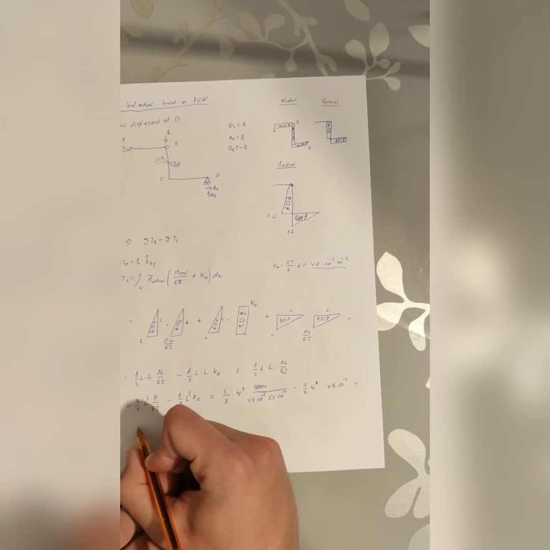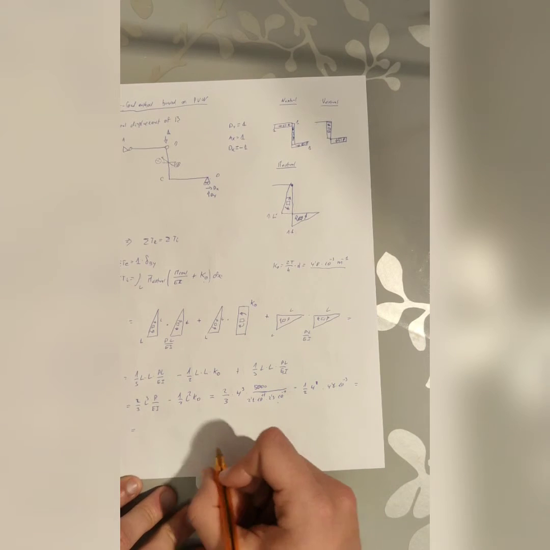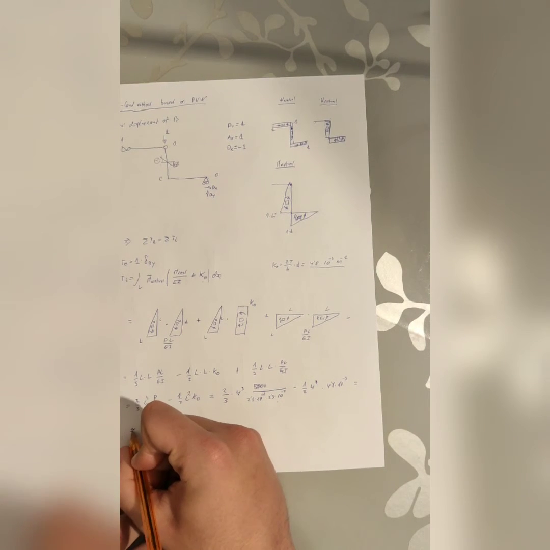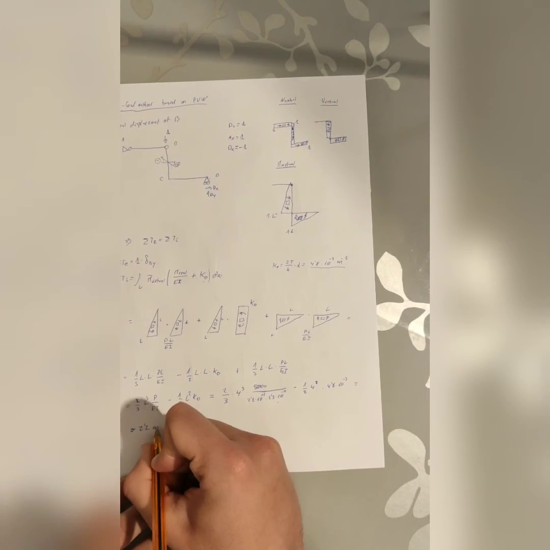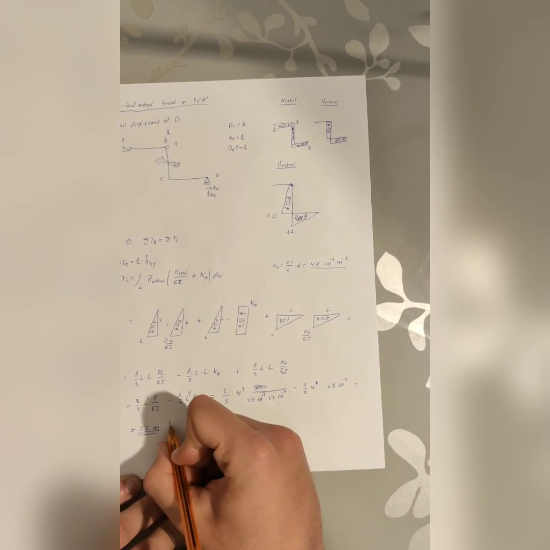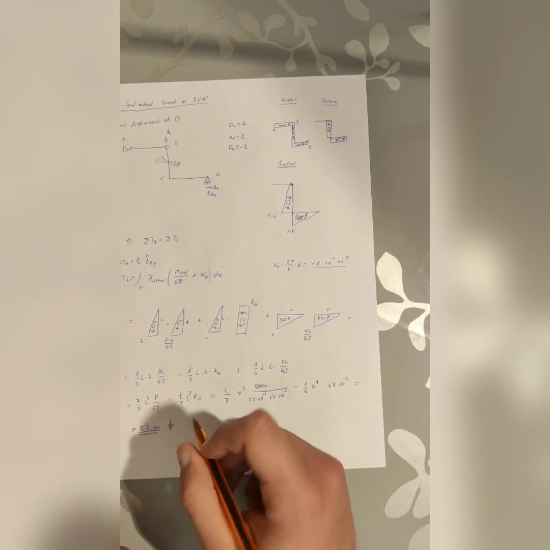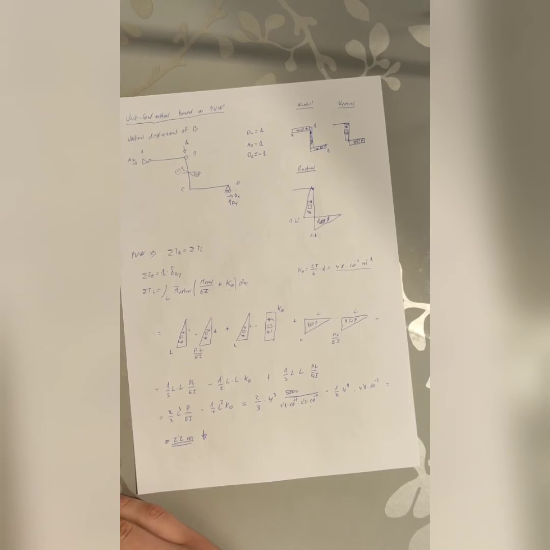If we compute this calculation, we get approximately a value of 2.4 meters of displacement in the downward direction.